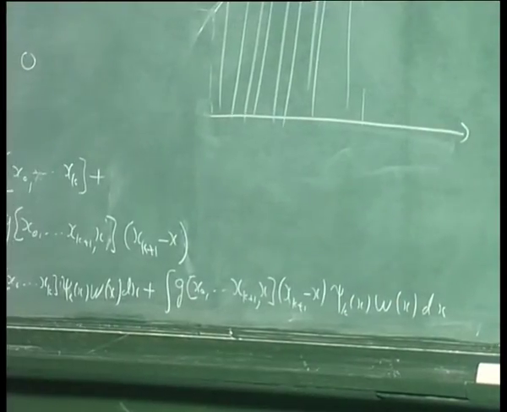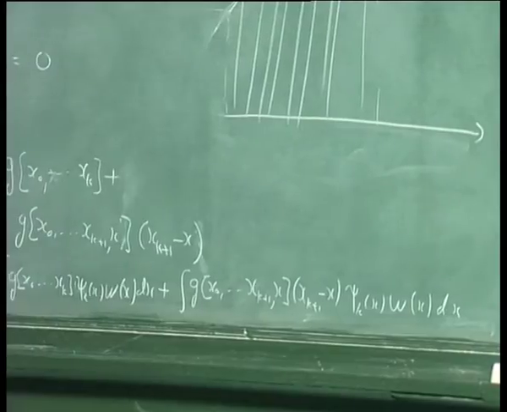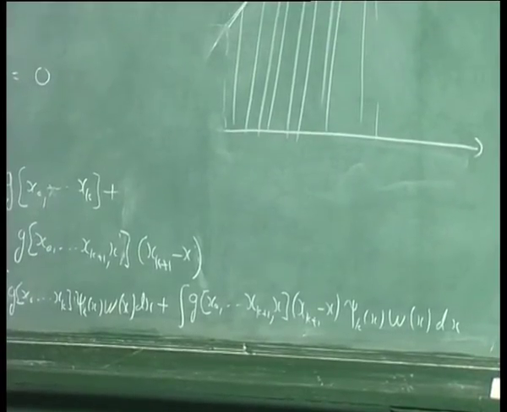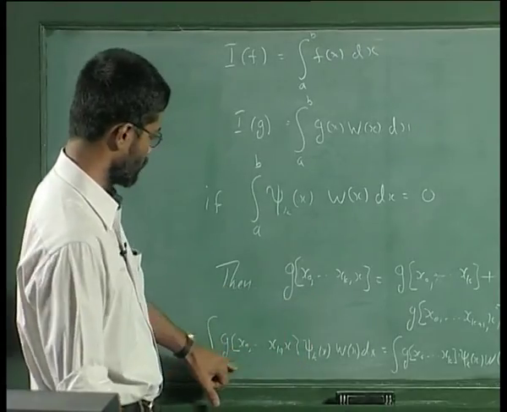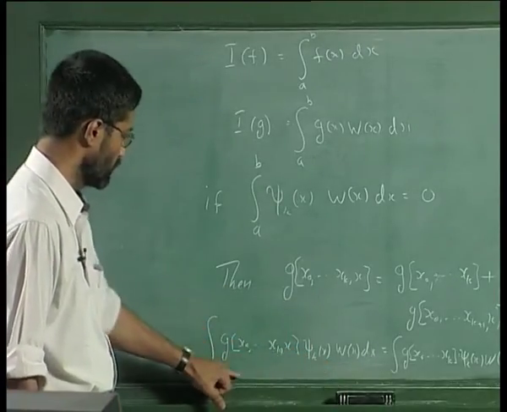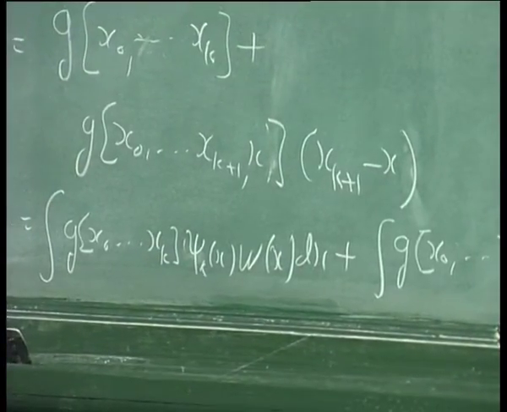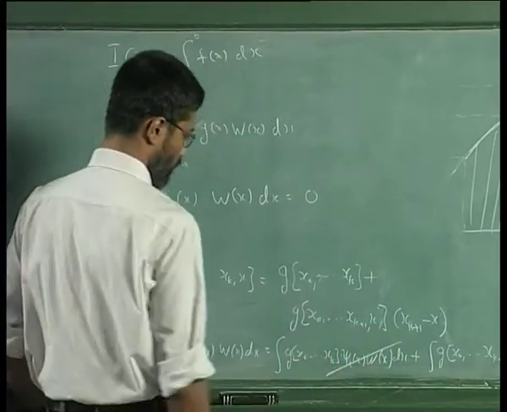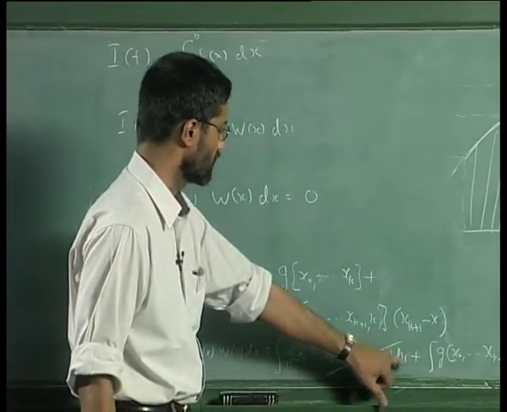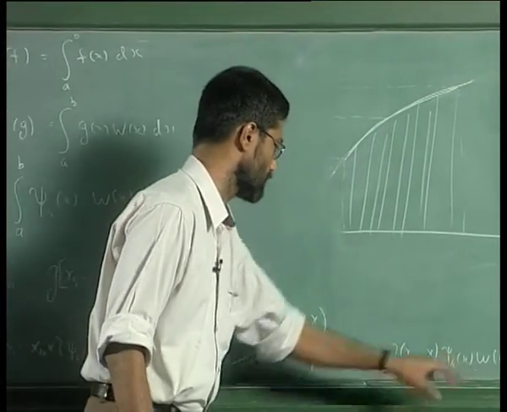Okay, so we had these two terms. So this integral is now split into two terms. One contains g[x0, ..., xk] using the divided difference, and we know that this is 0 because this is a constant and this integral is 0, and then we have this term which becomes psi k plus 1 of x.